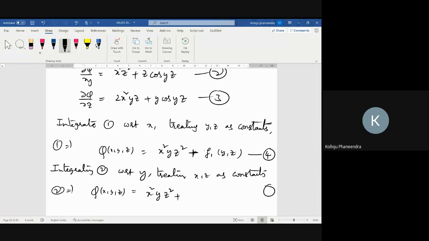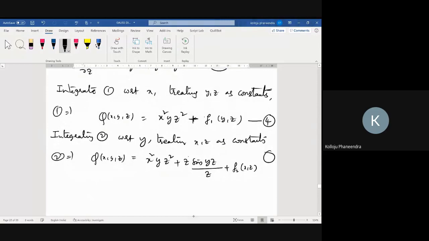In the second term, integration with respect to y, z is constant: sin yz by z, so we get sin yz, plus the constant, a function of x and z, which is taken as a constant. So z gets cancelled. From this I'm getting x²yz² + sin yz + f2(xz). This is equation 5.